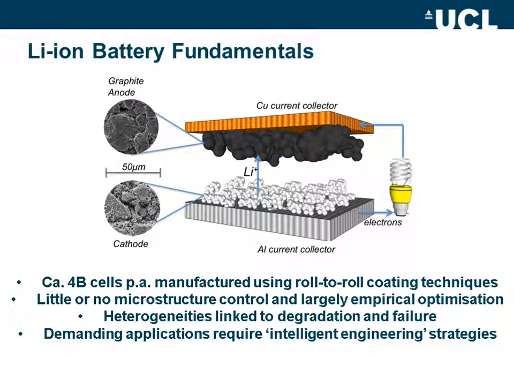Demanding applications like automotive, grid-scale storage, and niche applications for space and military require intelligent engineering strategies to develop new porous materials that can operate safely under a very broad range of demanding applications.